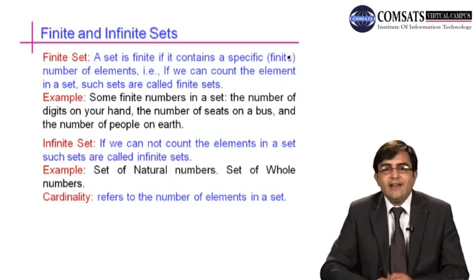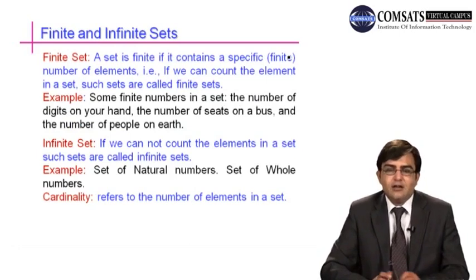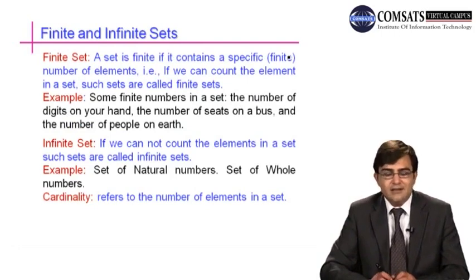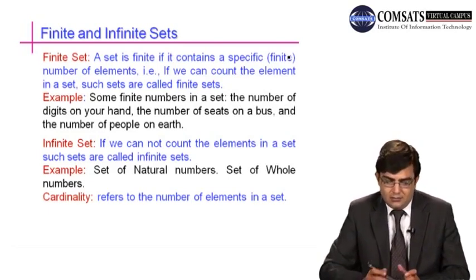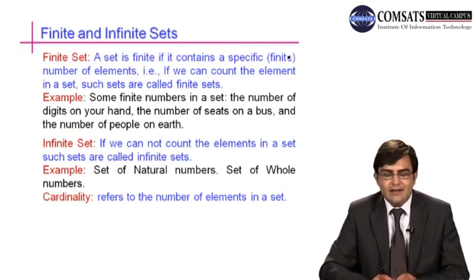Now the finite and infinite sets. As you can usually guess by the name, a set which contains finitely many elements is called a finite set, and a set which contains infinitely many elements is called an infinite set.